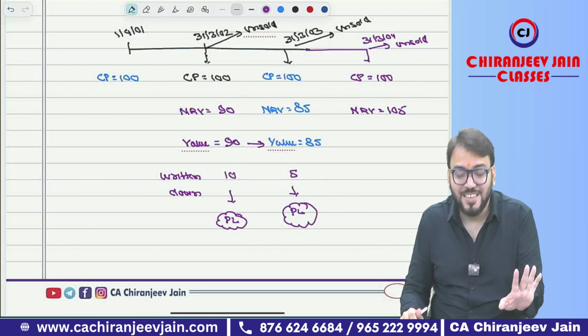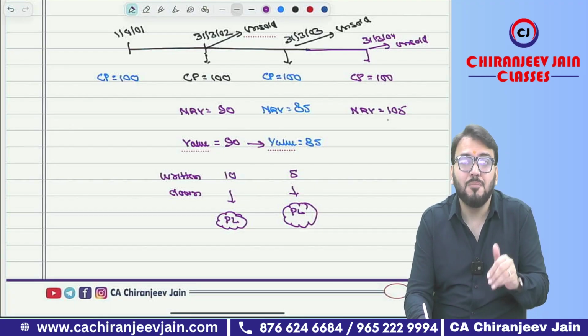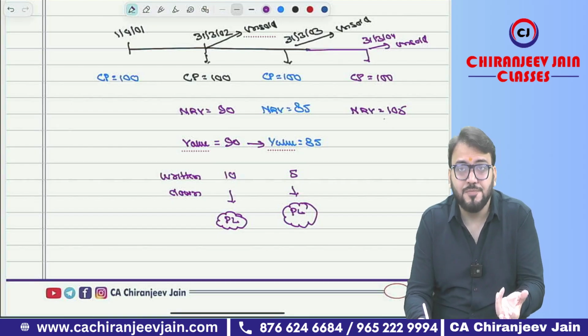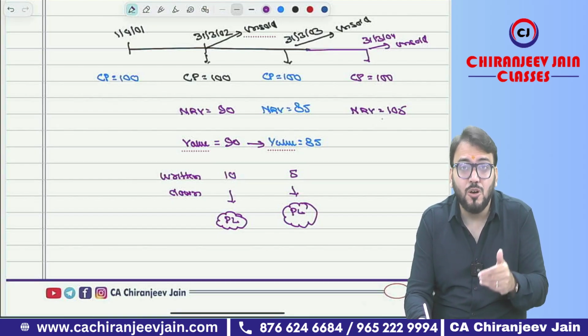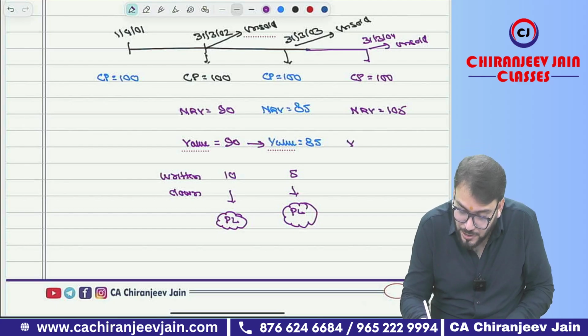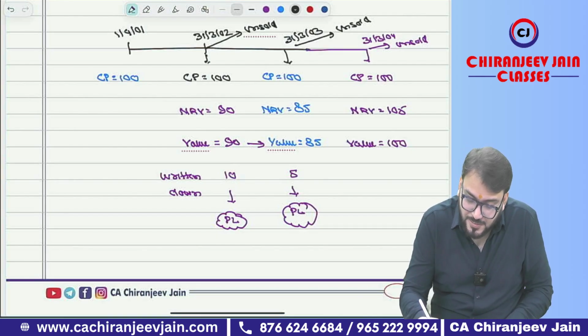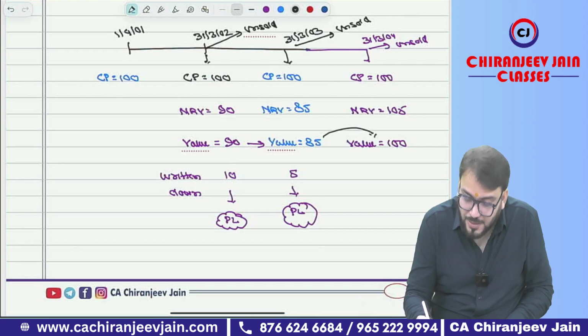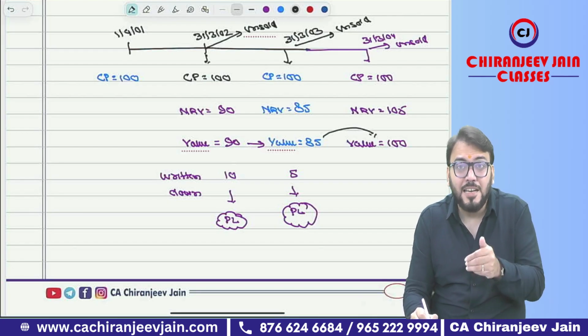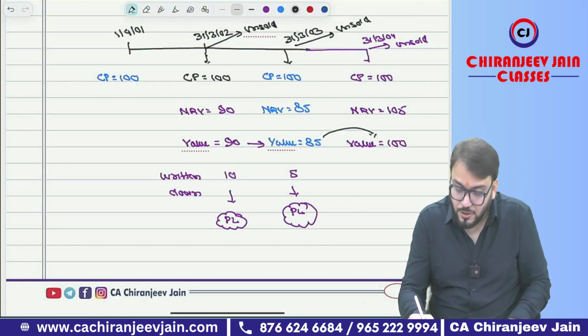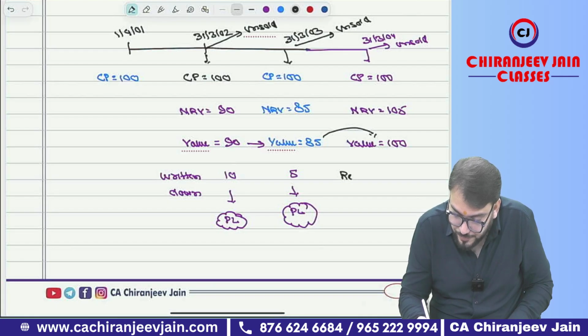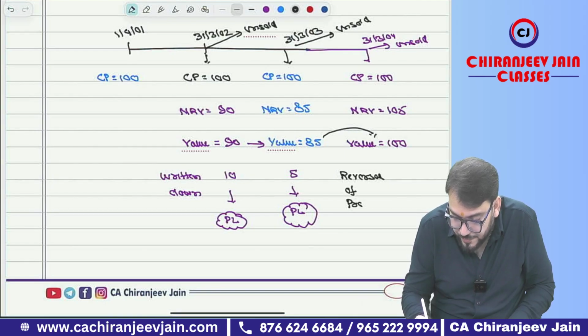It is quite possible if the market condition changes and the demand increases. So now we are of the opinion that it can be sold at a higher price than cost price. So NRV becomes 105. So now the value will be 100. It means whatever was the write down in the previous year is going to be reversed. So this is known as reversal of previous write down.